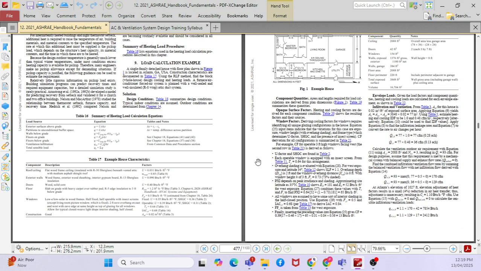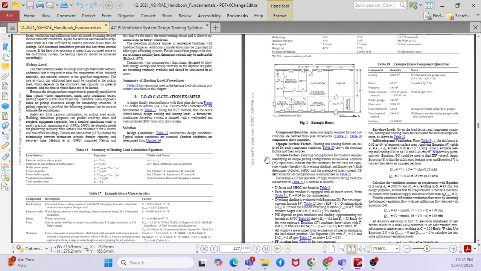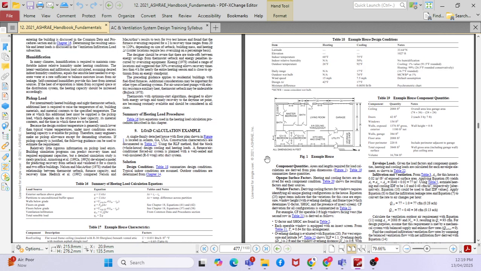That U value we have learned, how it comes from the resistances. Okay, now let me open the guideline.